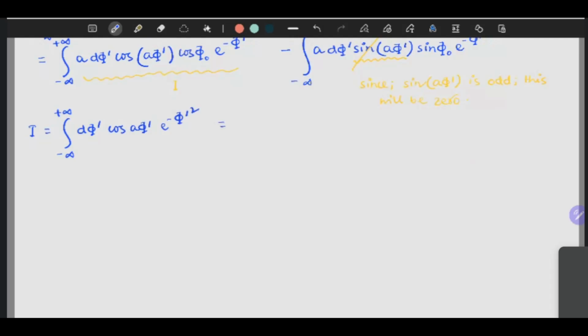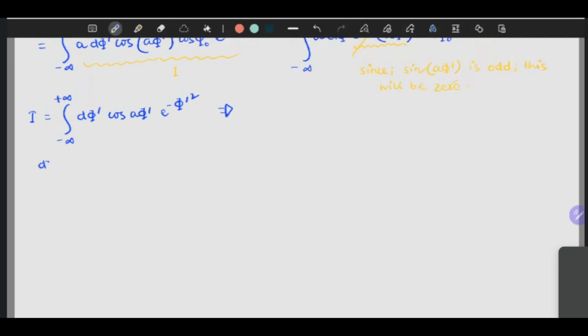Now if you try to do this, then we will do the following thing. So dI by dA is then d by dA of the integral from minus infinity to plus infinity of d phi prime cos of a phi prime e to the power minus phi prime squared.